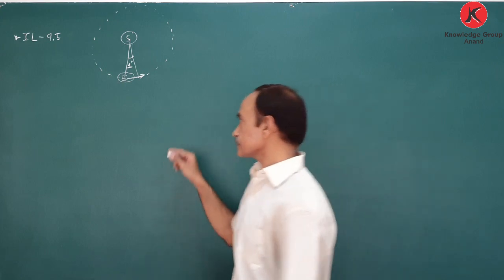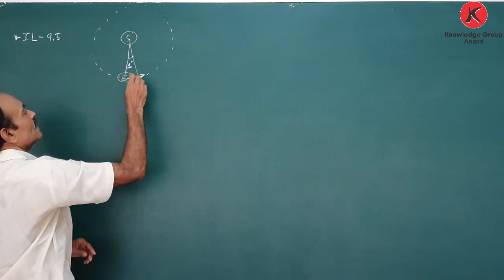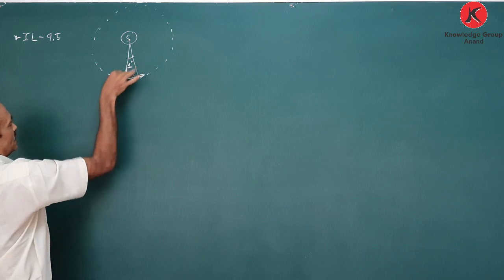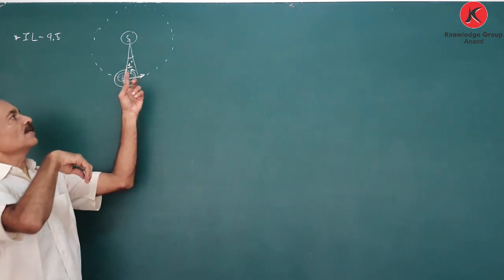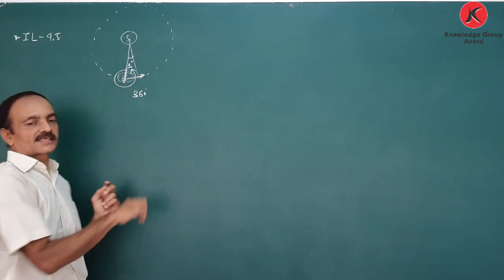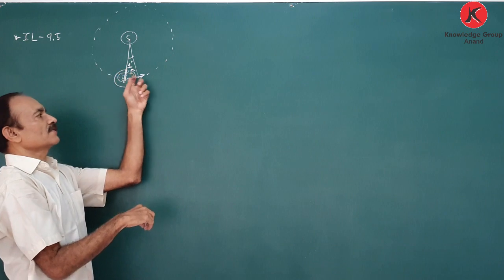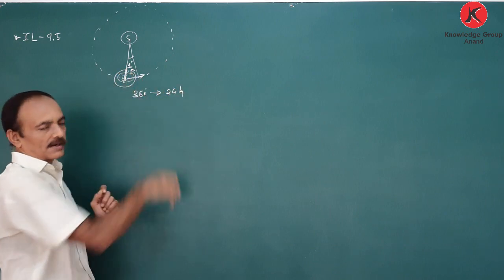The Earth rotates about its one axis, so a 360 degree shift due to the rotation of the Earth takes place in 24 hours.